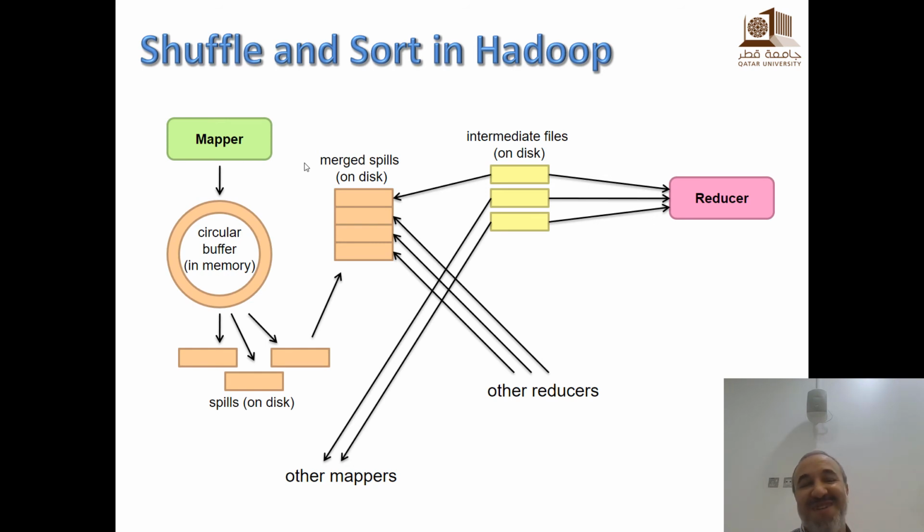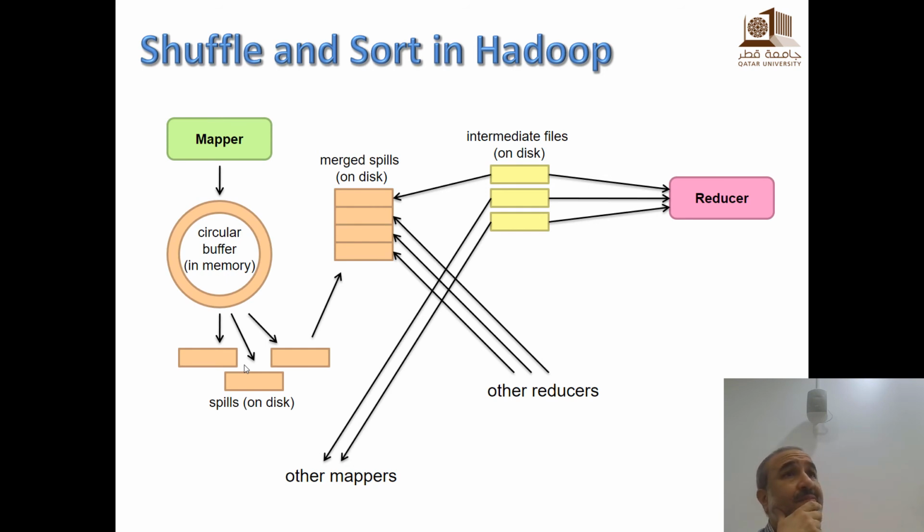Coming. Okay, here's what happens in shuffling. The mapper writes the output records in a buffer in memory. Over time, this buffer is spilled to disk locally. So the intermediate output is written locally, not on the distributed file system.